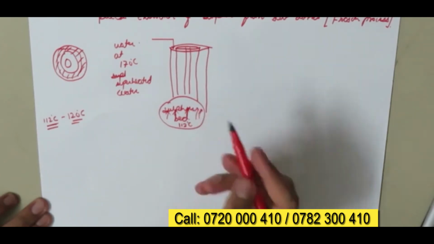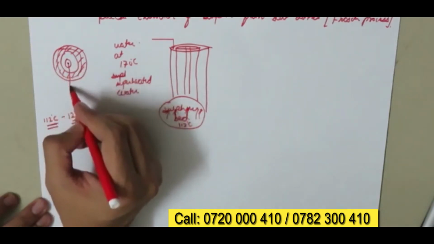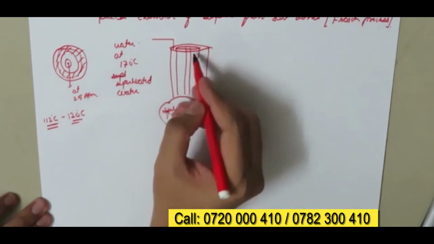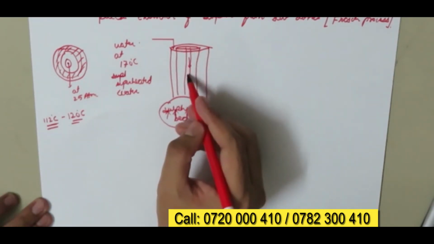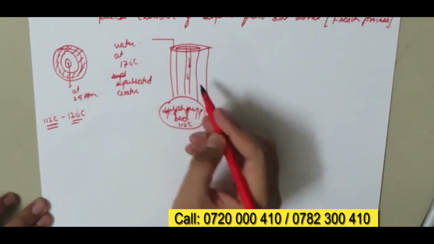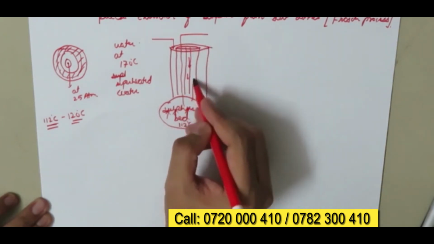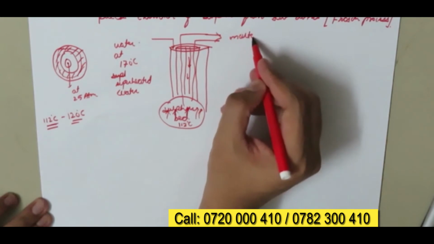And when the sulfur starts to boil, then we are going to pump the air at 25 atmospheres from the innermost pipe. From this pipe we are going to pump air, and when we pump air at 25 atmospheres, eventually the molten sulfur will come out from this pipe in molten state.